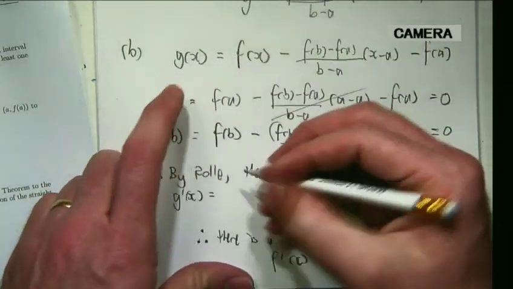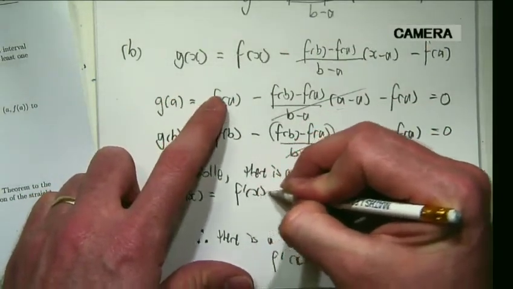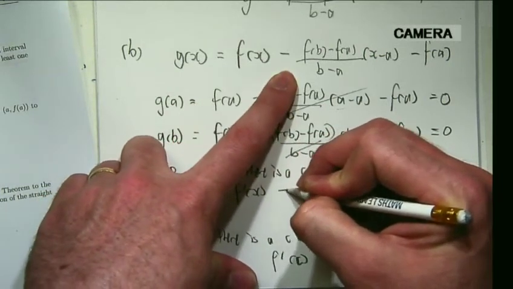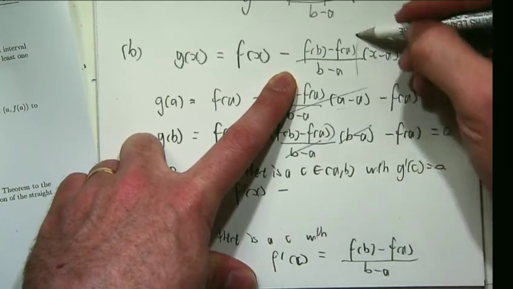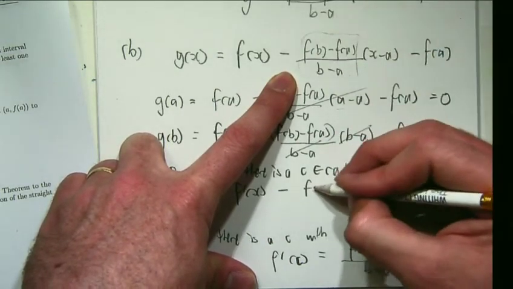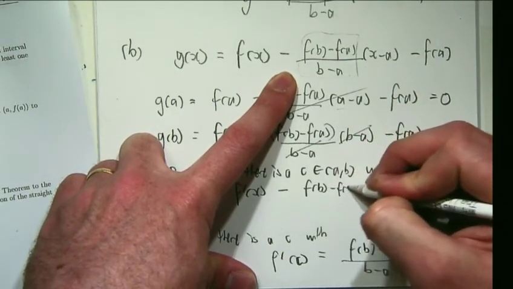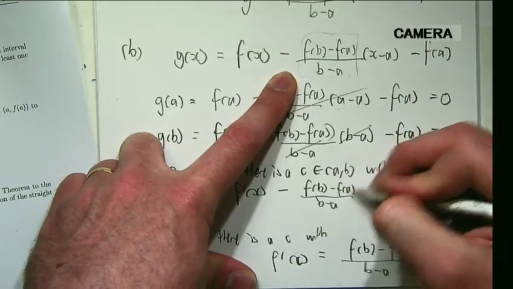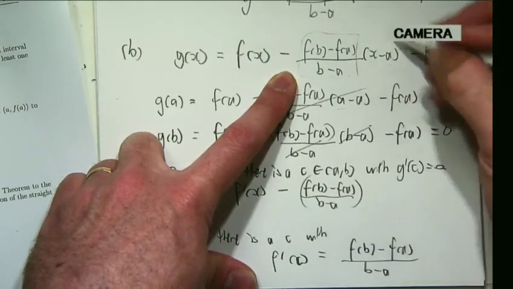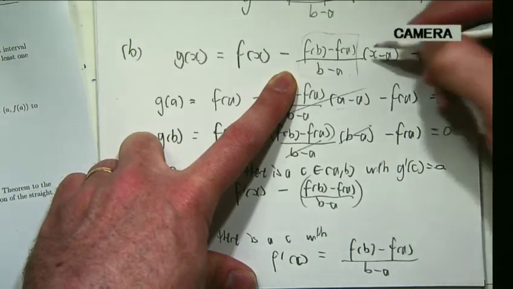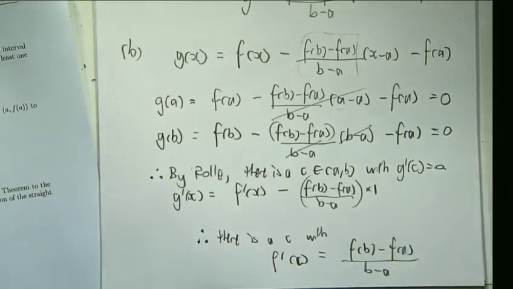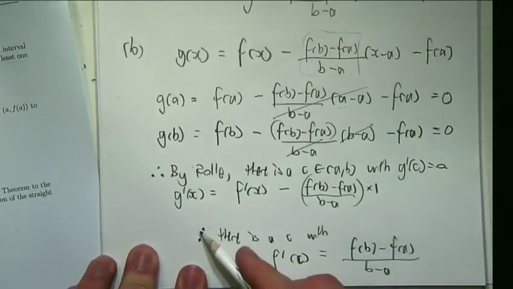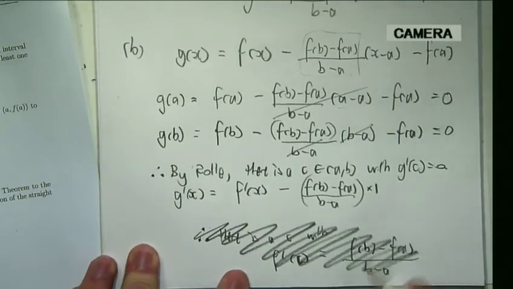Well, I differentiate, that would be f dashed x. The derivative of the f of a would be 0. And this is just a number, so that will stay there when I do the derivative, because it's a number multiplied on. And the derivative of x minus a is 1. Sorry, I need more space. I'll write that again at the end.